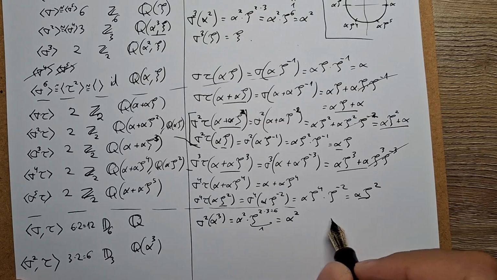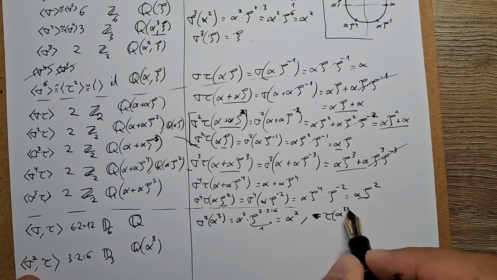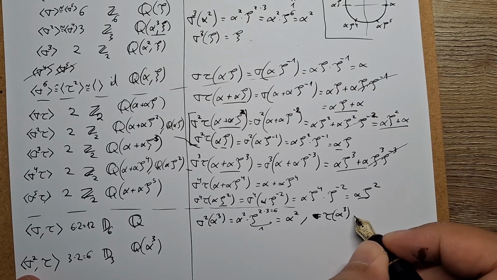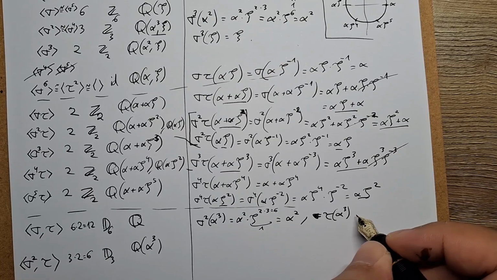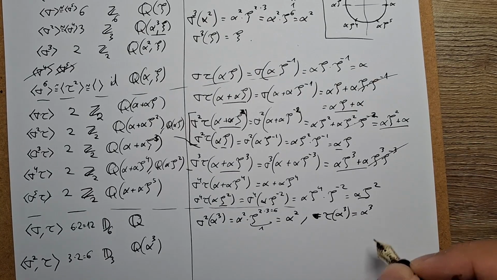And then if you apply tau to alpha to the cube, tau just fixes alpha, so you also have alpha to the cube.